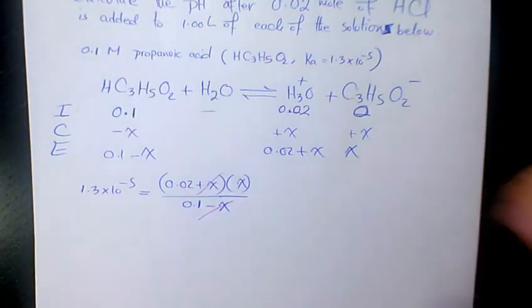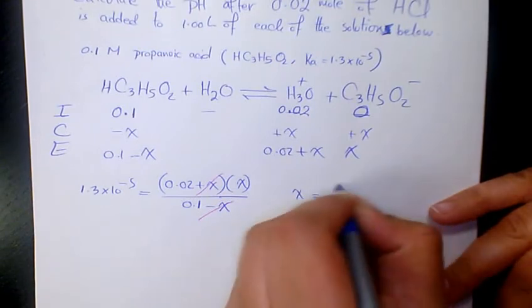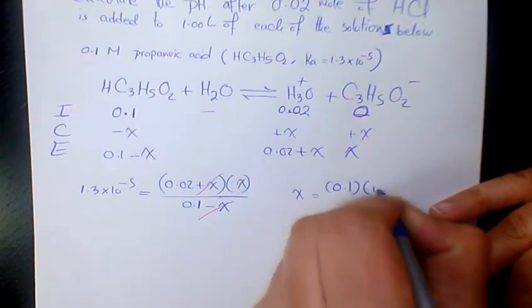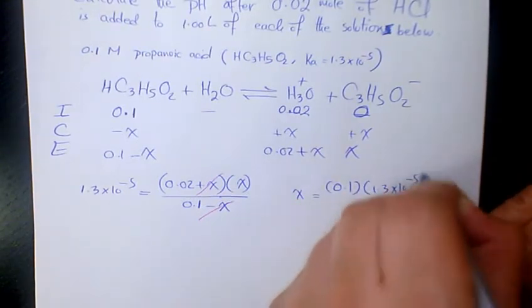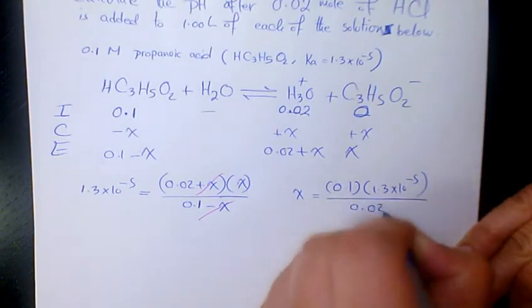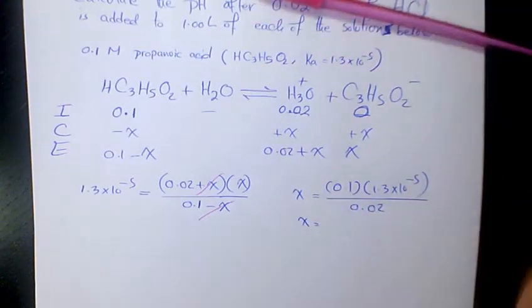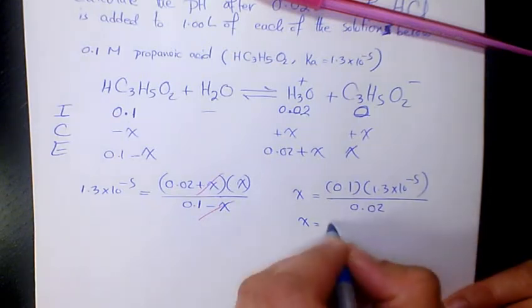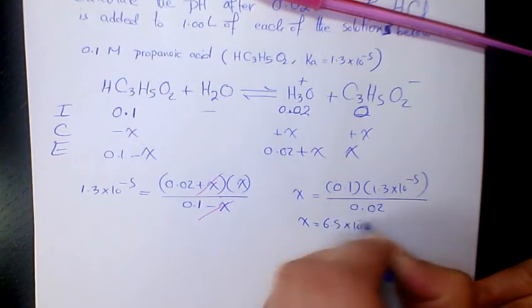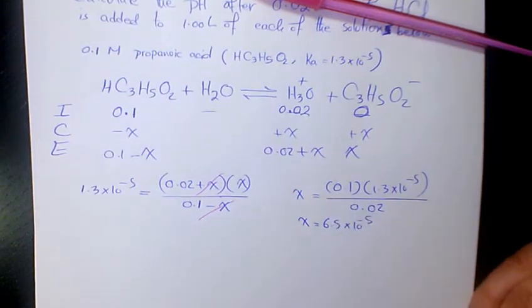So we cancel that. And x will be 0.1 times 1.3 times 10 to the power of negative 5 divided by 0.02. That will be 6.5 times 10 to the power of negative 5.